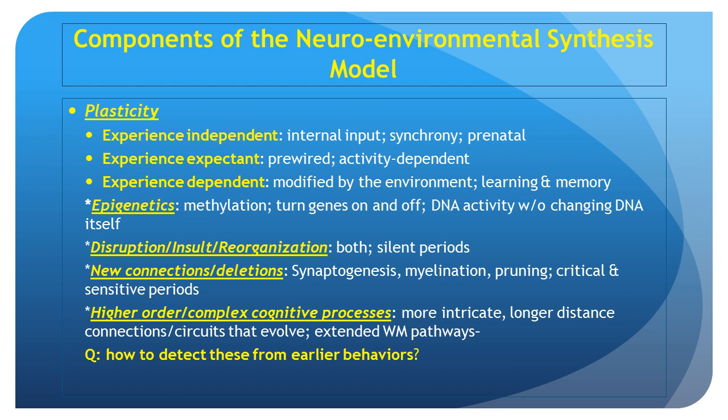And the synchrony is important because those that do not fire in synchrony basically are subject to apoptosis or they are eliminated. This is a prenatal issue, so we don't deal with that very much. What we do deal with are experience-expectant synapses. These are pre-wired, but they need input from the environment to become active or to become primed.